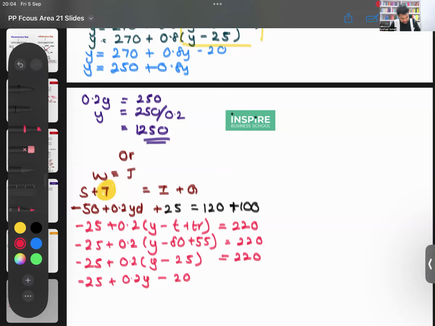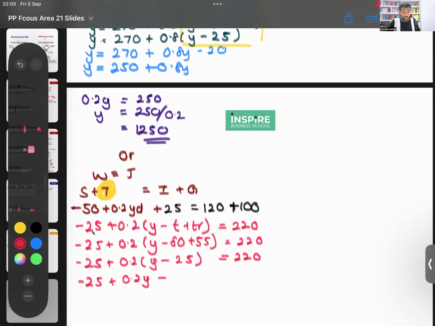This is a really different answer. Did I take the numbers right? Minus 50 plus 25 is minus 25. Did I make a careless mistake somewhere? Are we getting a different answer? Oh, sorry. This has to be 5.